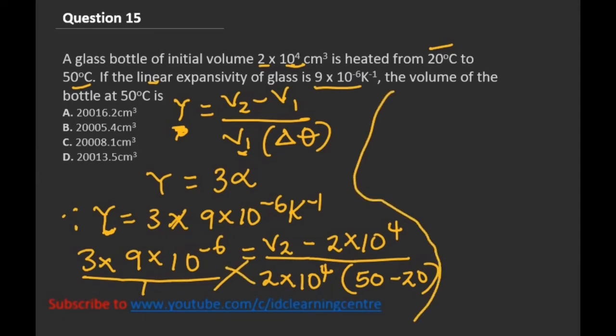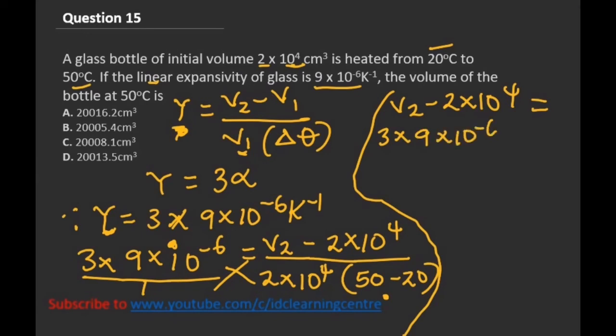If you cross multiply, you are going to have V2 minus 2 times 10 raised to power 4 equal to, now, this times this: 3 times 9 times 10 raised to power minus 6 times 2 times 10 raised to power 4 times 50 minus 20 is 30. Hope that is clear.